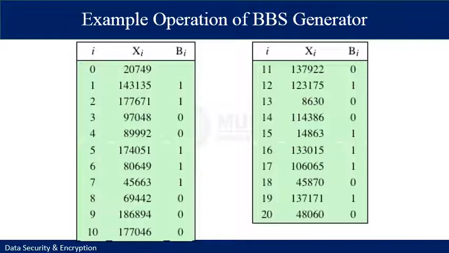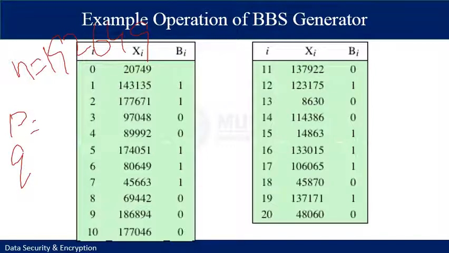So this table shows an example of BBS operation. Here we have n equal to 192,649, which was taken from two different prime numbers p and q, and multiplying them we get the value of n.